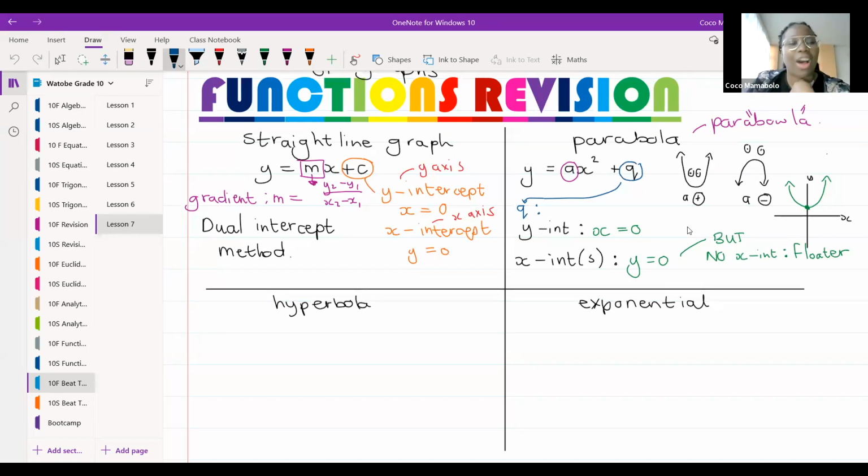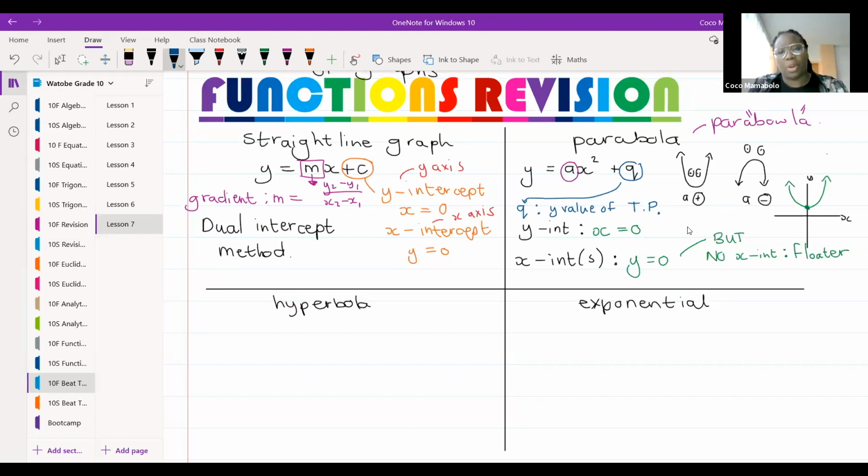Good. How high or low the graph is. That's it, Chifaro. It tells us about the y value of the turning point. Good. Y value of TP, the turning point. It is possible that that value would also be the y-intercept.